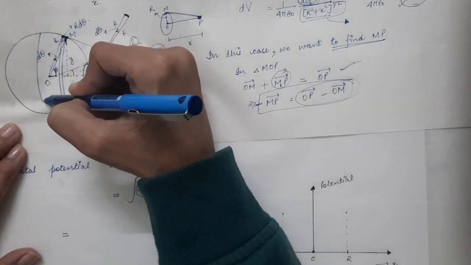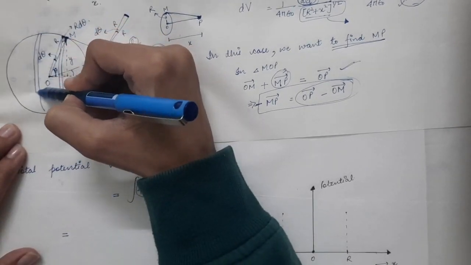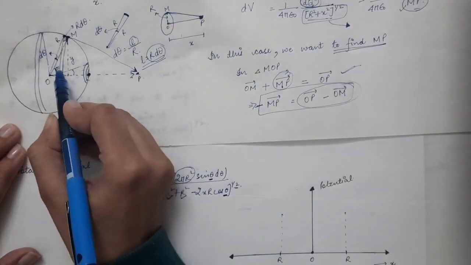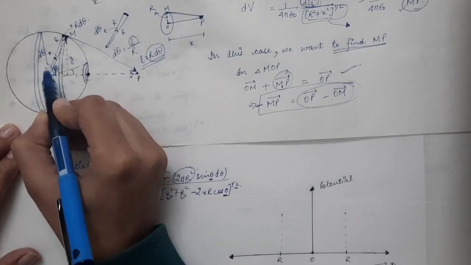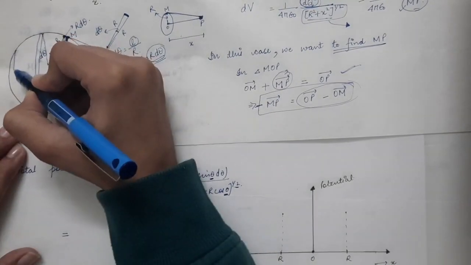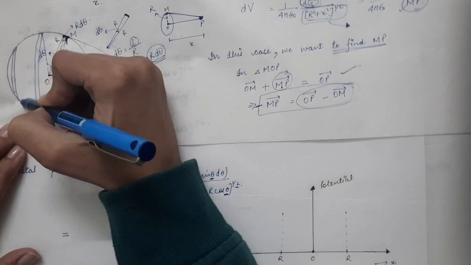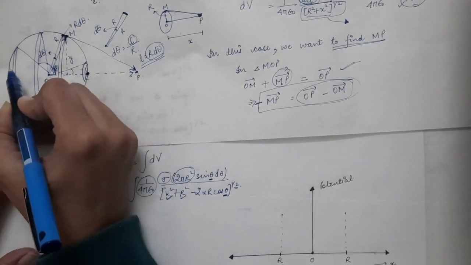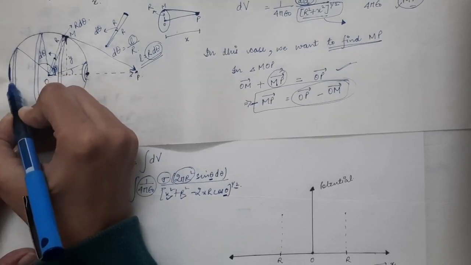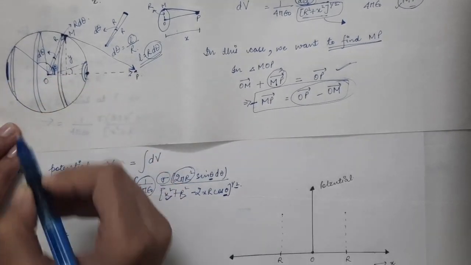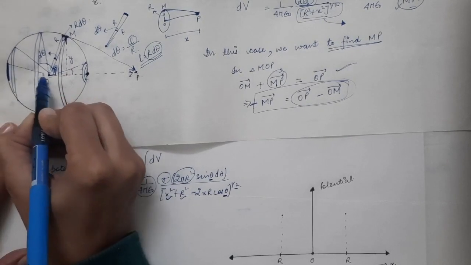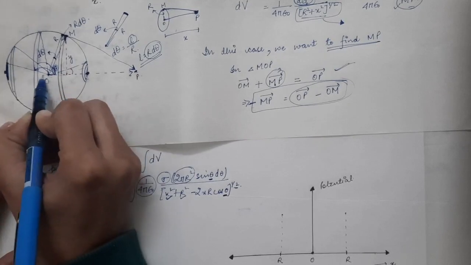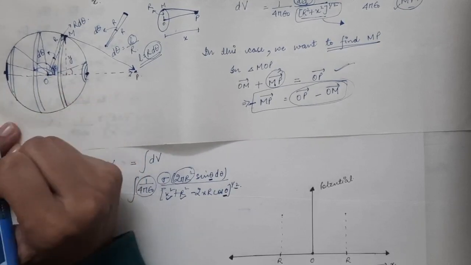As you move away, if you take this as the elementary ring, for this ring the theta will be greater than this particular angle. Similarly if you take an elementary ring over here, for that theta will be equal to this, and if you take an elementary ring just close to this point, for that theta will be even greater, and for this particular point the theta will approach 180 degrees.